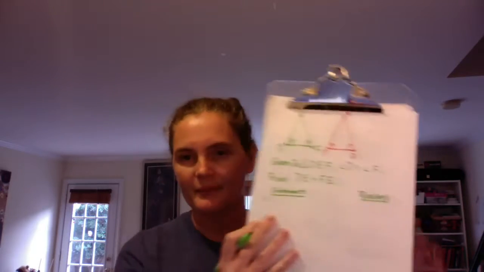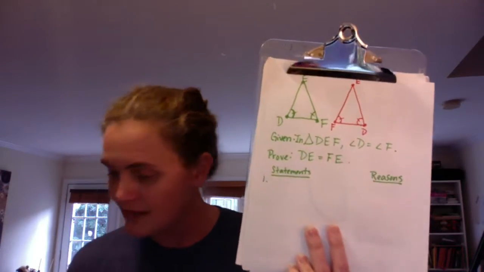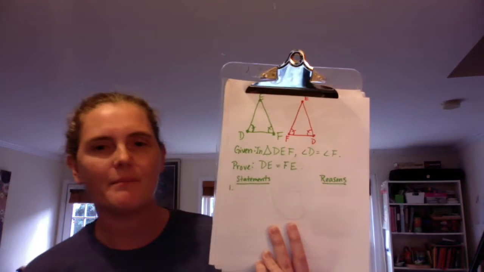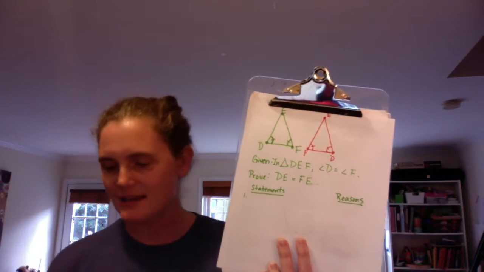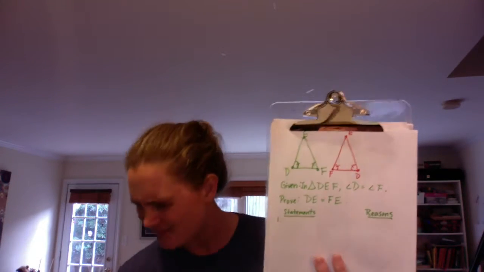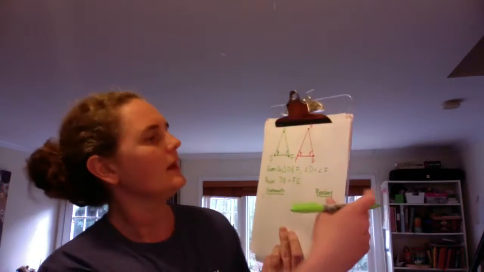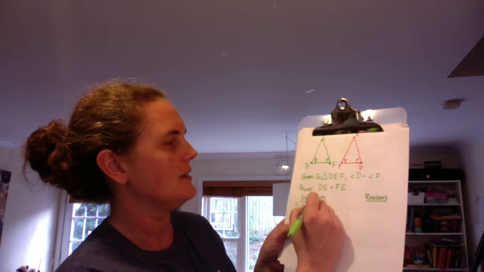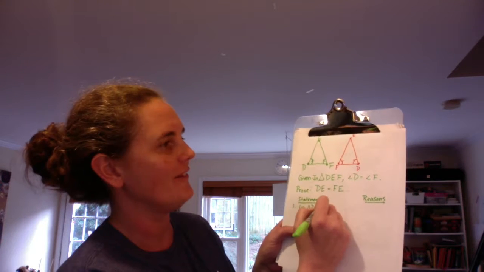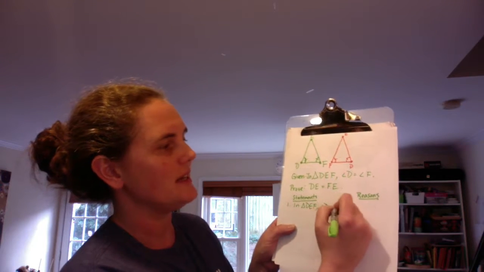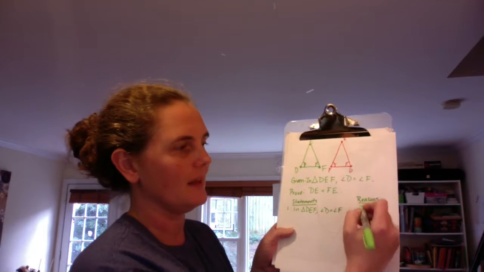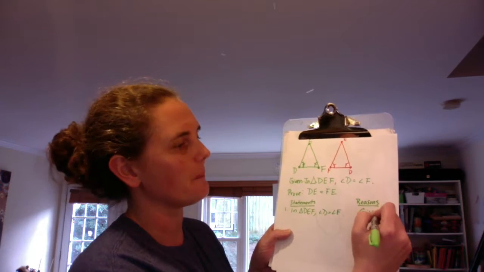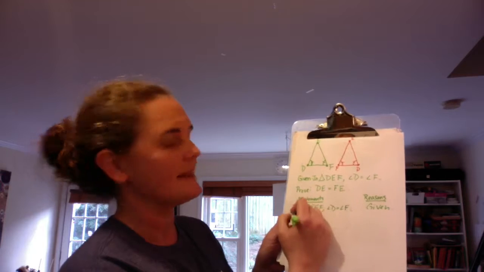For any proof, we're going to start with, as you know, the given. In triangle DEF, the measure of D equals the measure of F. Reason: given. Perfect. Step 2.